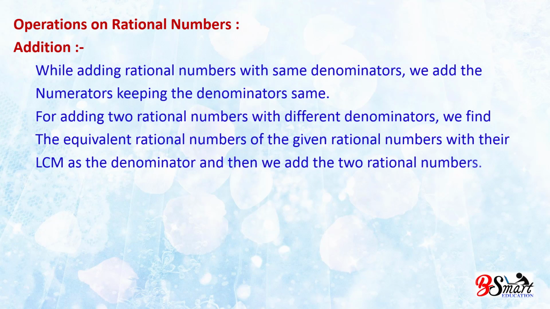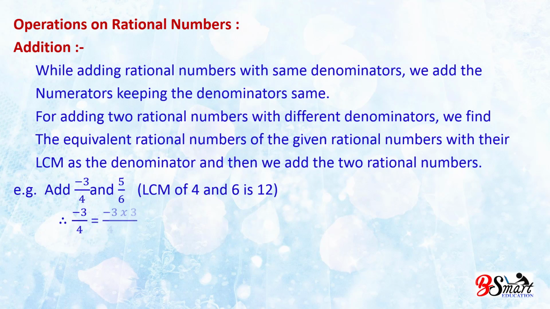For example, add minus 3 by 4 and 5 by 6. Solution: LCM of 4 and 6 is 12. Therefore, minus 3 by 4 equals minus 3 into 3 by 4 into 3. 3 3s are 9, minus times plus is minus 9, and 3 4s are 12.